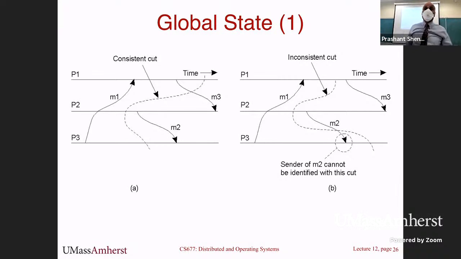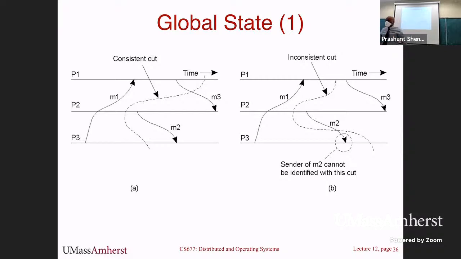That is consistent. Here is an example where it's not consistent. You will see M2, because of the way the cut has been defined, M2 is a message where the send is after the cut, but the receive is before it. Essentially, this process's clock runs slow, so it takes a snapshot at this point after it processes M3. This process's clock is running fast, so it takes a snapshot here before it has even sent the message. So it thinks noon is here, this thinks noon is here, from a snapshot perspective.